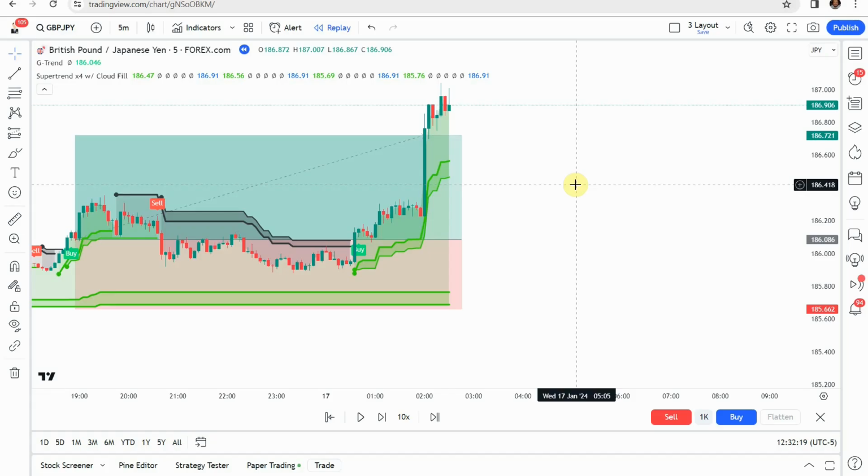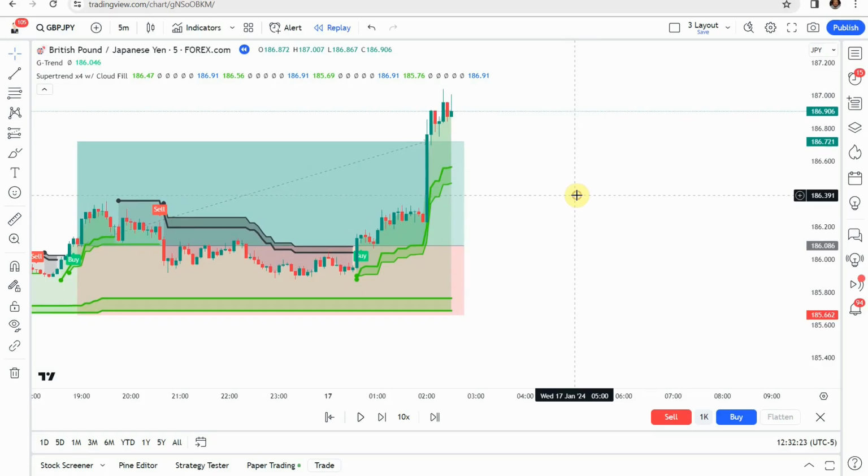Let's just go over the problems with this indicator. Again, it confuses complexity with efficiency, and so the strategy is so complex. Even though it only has a few indicators together, two of them, it is so complex that the signals are few and far between.